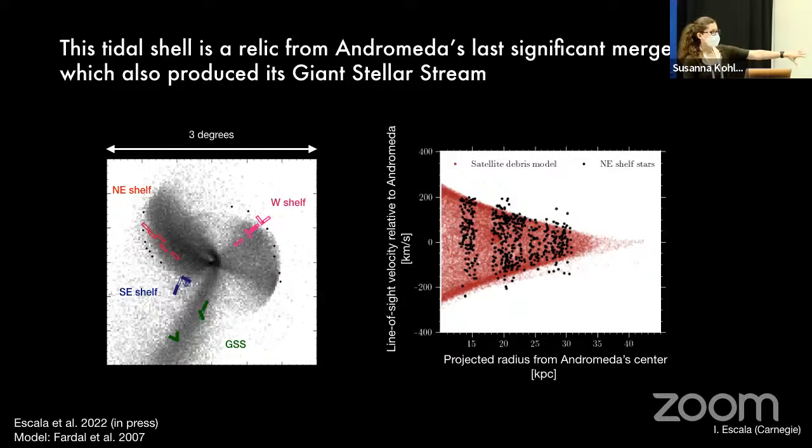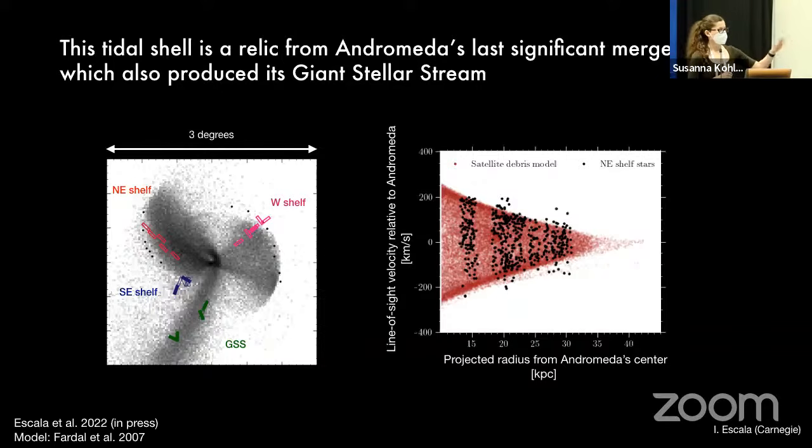So here I'm showing just a roadmap of a simulation of this event, highlighting the giant stellar stream, or GSS, the west shelf, the northeast shelf, and the southeast shelf, with the location of our data overlaid on the model as these different colored rectangles. So we can compare the predictions for the debris pattern from the model to our actual observed data. That's the plot on the right here. And we're looking at the same space again, line of sight velocity versus the projected radius from Andromeda's center.